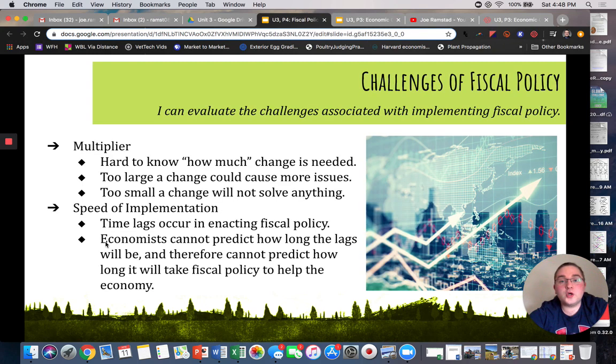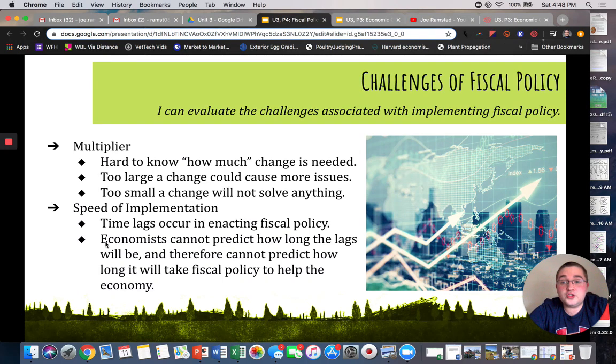Okay, so there are a lot of challenges, however, that are posed with fiscal policy. The first is multiplier. It's hard to know how much change is needed, so we'll be giving farmers incentives to produce or to hire one veteran versus two veterans, which is going to be needed to figure out the amount of change that is most desired.